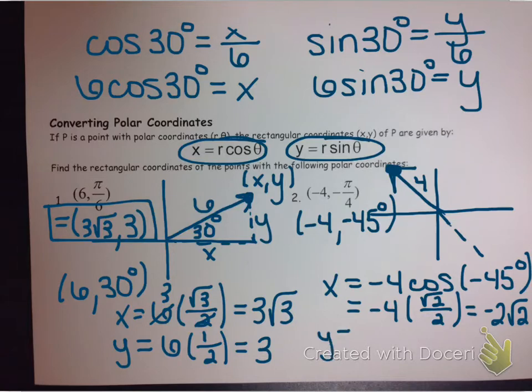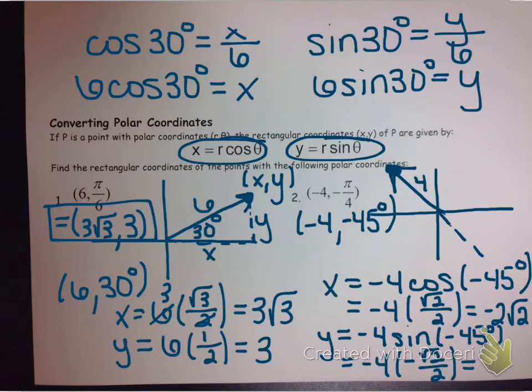And then I should get the same type of confirmed answer when I do the formula for my y-coordinate. So y equals negative 4 times the sine of my angle, so negative 45 degrees. So I have negative 4 times... Now sine of 45 is still square root of 2 over 2, but sine is negative in quadrant 4, so negative square root of 2 over 2.